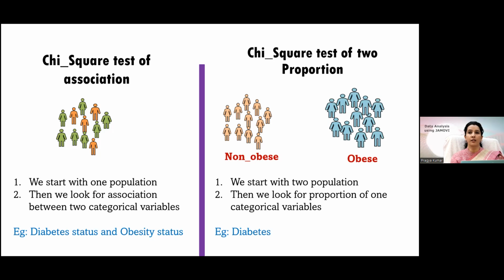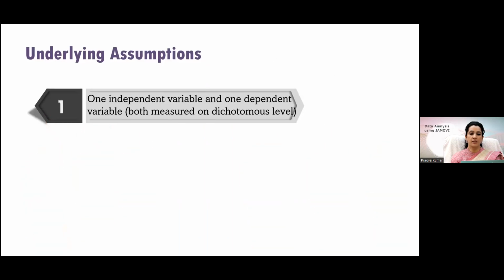So have you understood the difference between the two study designs? The difference is in study design. If your study design is of the first type, then you will apply chi-square test of association. If your study design is of the second type, then you will apply the chi-square test of two proportions. So what are the underlying assumptions? There is one dependent variable and one independent variable, but both should be measured on a dichotomous level.